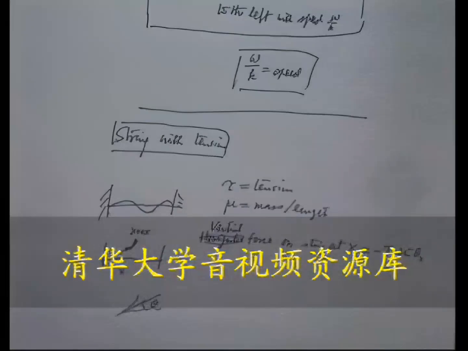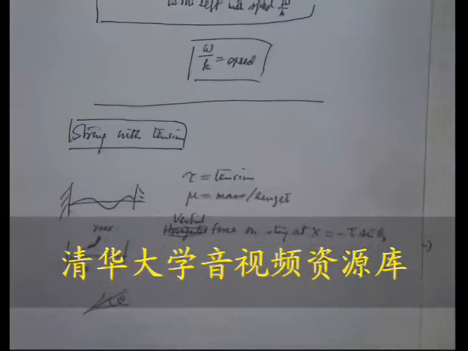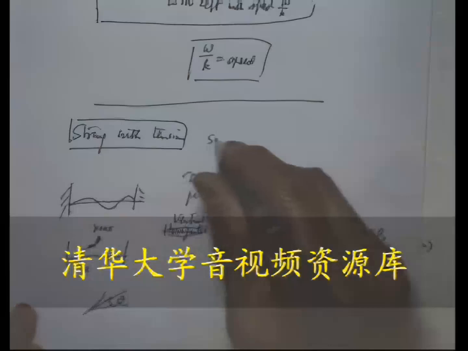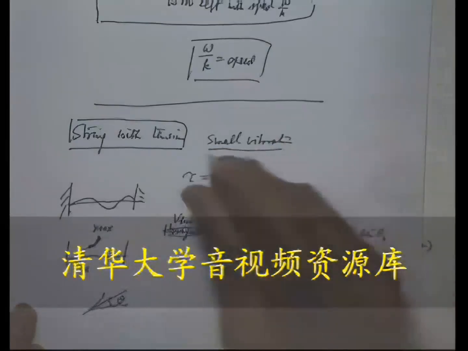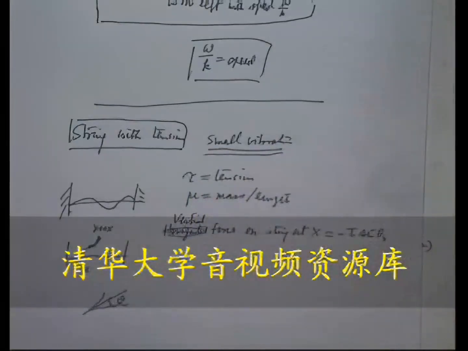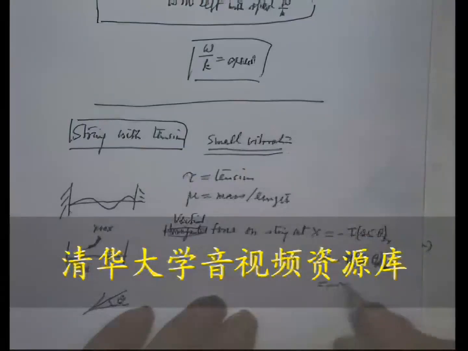The slope angle of the curve I call theta. Tau sin theta is the vertical component of the force. Because theta is small, we are talking about a small vibration, sin theta is equal to tangent theta. So sin theta at the point x is tangent theta at the point x, which gives minus tau times tangent theta.